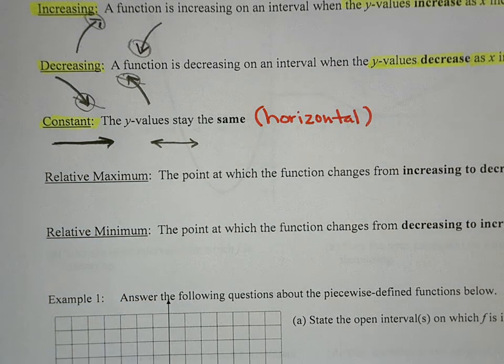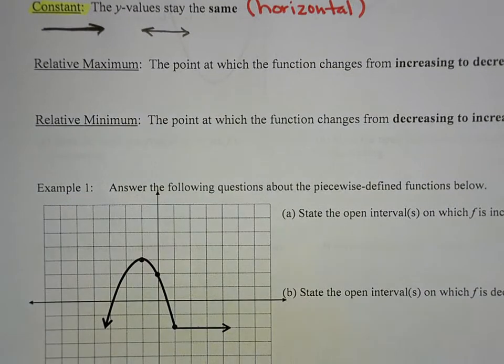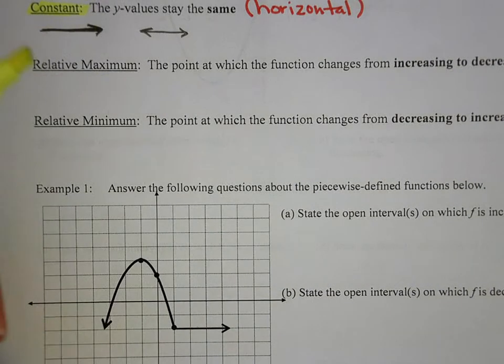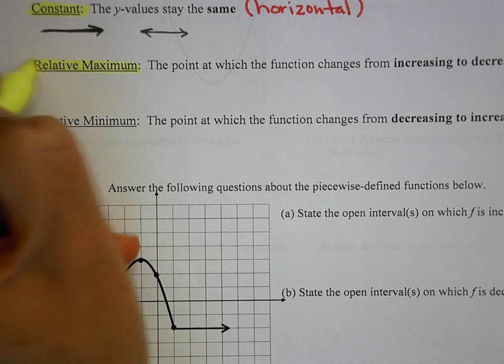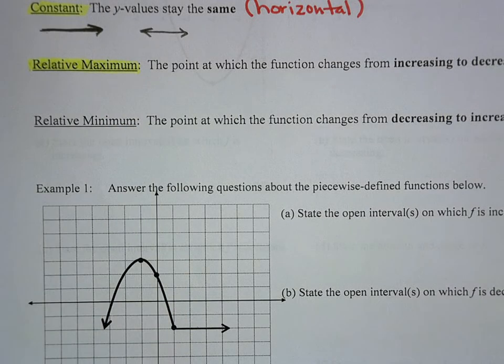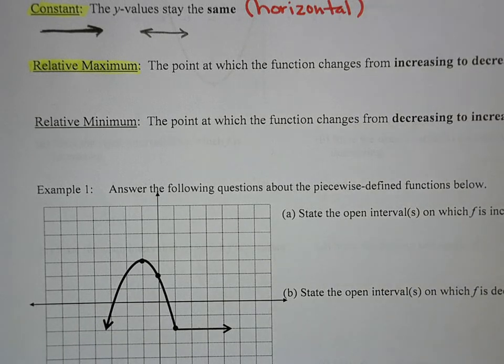What is the definition of relative maximum? This is what we call an algebraic definition. When you take calculus in a couple of years, you would get a different, more solid definition of what a relative maximum is. For us, we're using an algebraic definition.